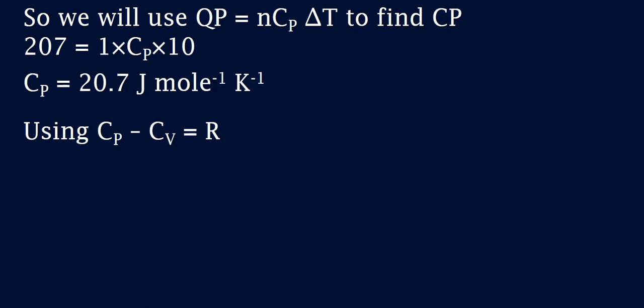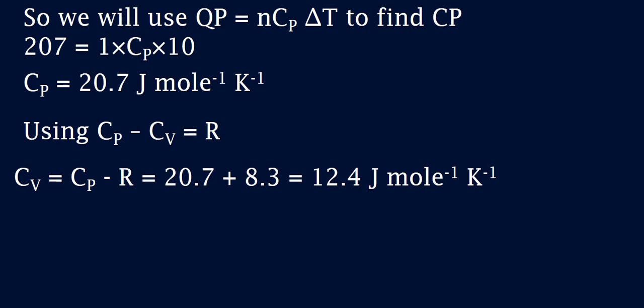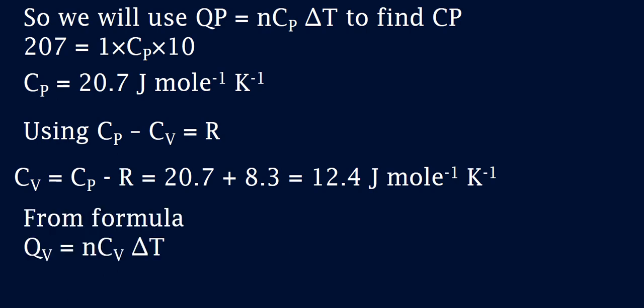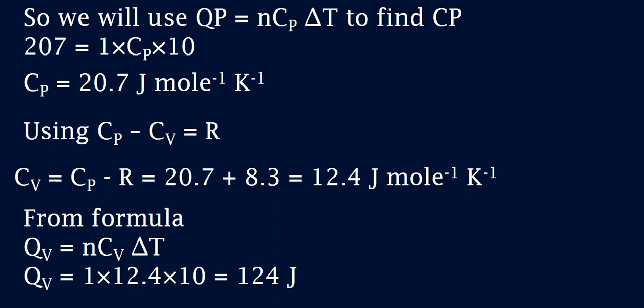Using the equation Cp minus Cv is equal to R and substituting the values of Cp and R, we get Cv is equal to 12.4 joules per mole per Kelvin. From the formula, Qv is equal to n times Cv into delta T. Therefore, Qv is equal to 1 into 12.4 into 10, equal to 124 joules. Option D is correct.